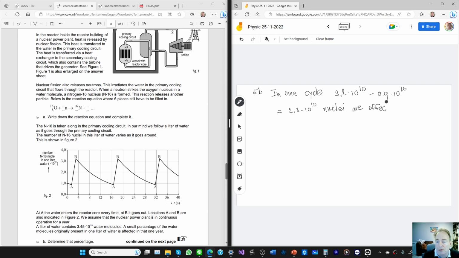Now, a water molecule, H2O, has 1 oxygen atom, right? So that means also so many water molecules are affected in a cycle.